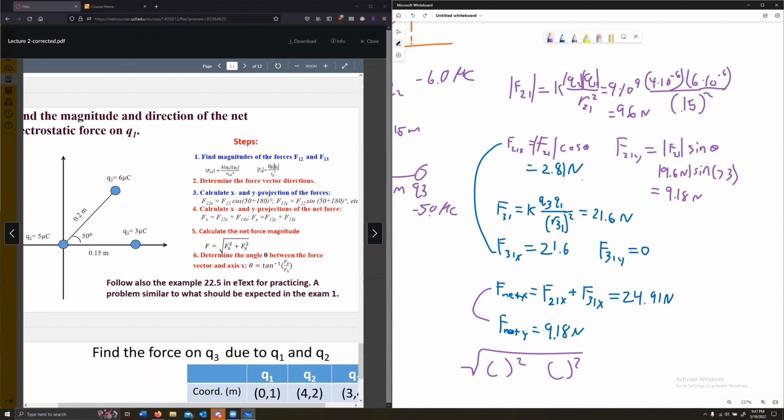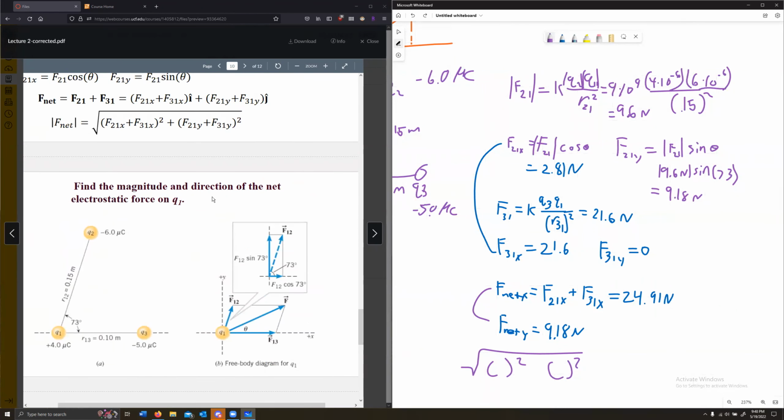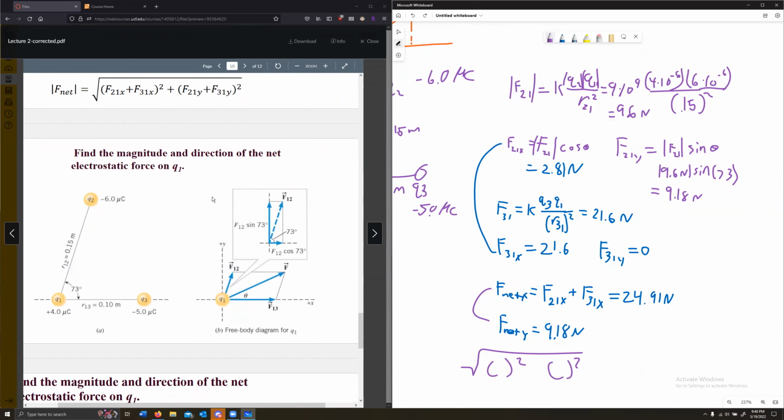I did 9 times 10 to the 9th times 4 times 10 to the -6 times 5 to the -6 divided by 0.1 squared. I feel like we did the same thing. For the x, did you multiply it by a cosine value? No, because it's already in the same axis, so we don't have to do that.